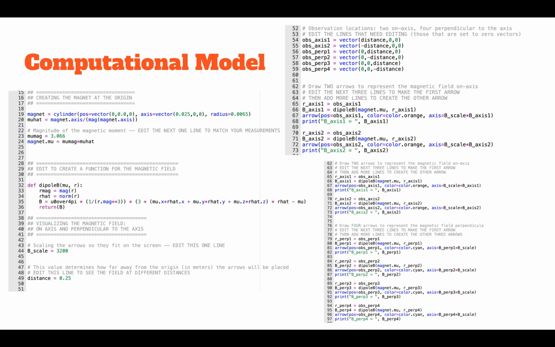Then I used this in my computational model where I did input my values, and I also wrote a formula to get my four arrows on a computational magnetic dipole, and that's written out here.